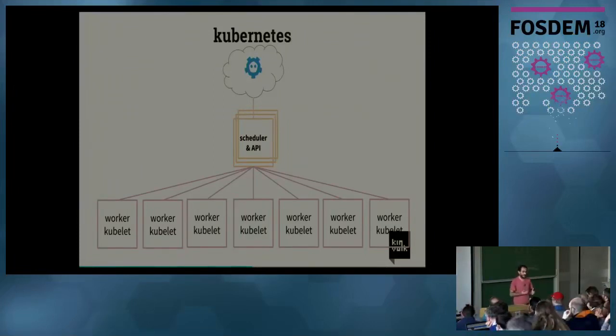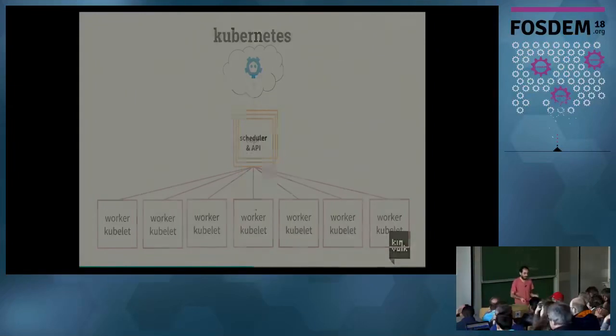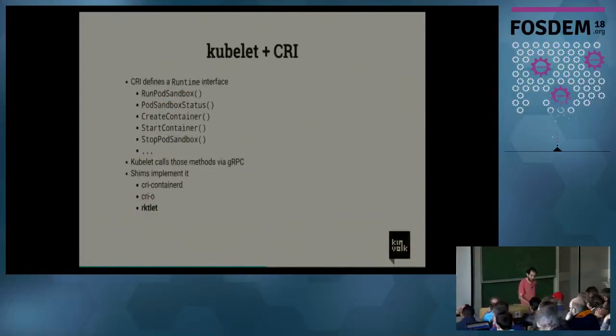Thanks to the CRI interface, now we have different implementations for container runtimes in Kubernetes, like CRI-O, CRI containerd, or like Rocket, which is what I'm going to talk about next. The CRI defines an interface that container runtimes need to implement, with methods like run pod sandbox to create a sandbox that's empty, no containers there.